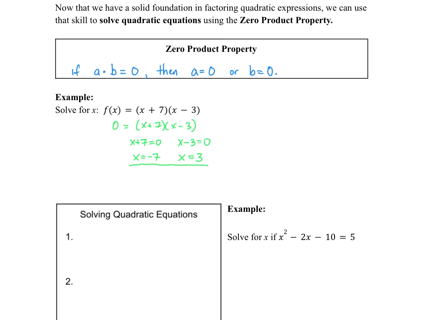So this quadratic equation, we're concerned when it equals 0. That's our main concern. We want x either equal to negative 7 or equal to 3. Those two values of x would make this true. All right, so let's generalize this a little bit.